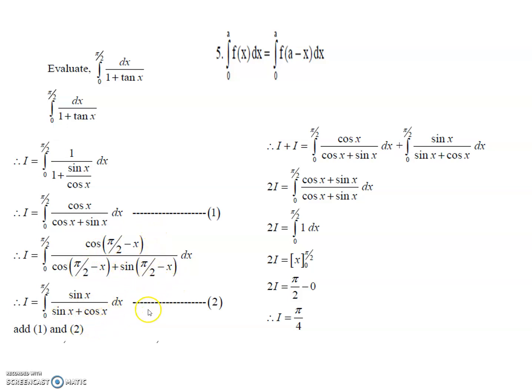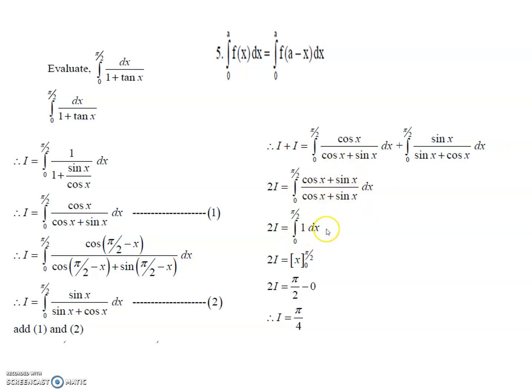Adding equation 1 and 2, we derive I plus I is equal to the integral from 0 to pi by 2 of cos x upon cos x plus sin x dx plus the integral from 0 to pi by 2 of sin x upon sin x plus cos x dx. The denominator is the same, and we must add the numerators because the limits are the same for the integrals. That's why 2I is equal to the integral with lower limit 0, upper limit pi by 2 of cos x plus sin x upon cos x plus sin x dx.